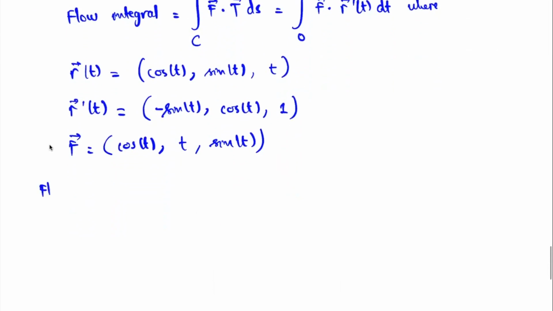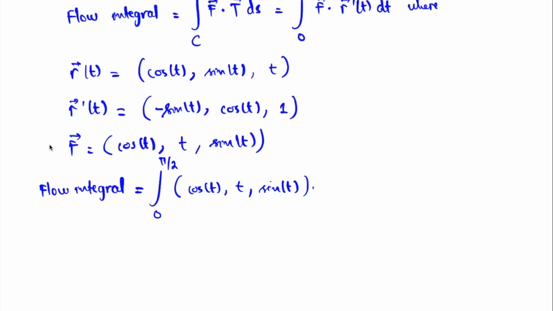So the flow integral becomes the integral from 0 to pi over 2 of f, in this case cosine of t, t, sine of t, dot r prime, which is negative sine of t, cosine of t, 1, dt.